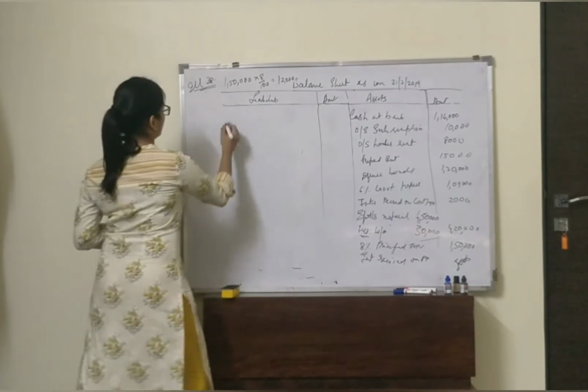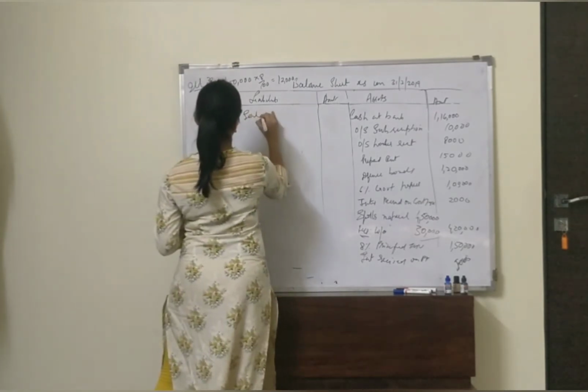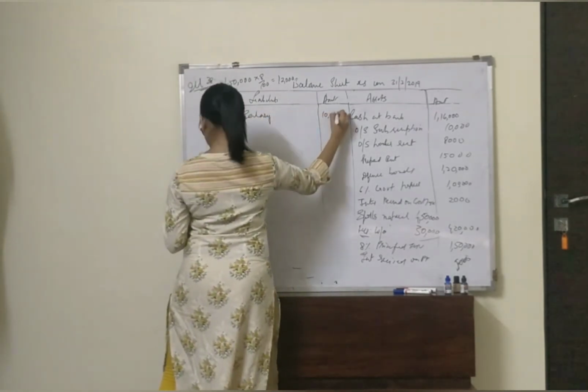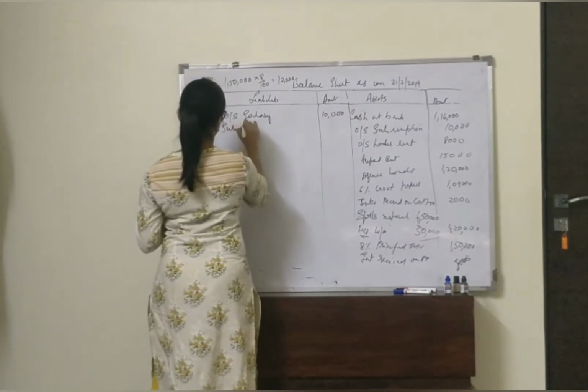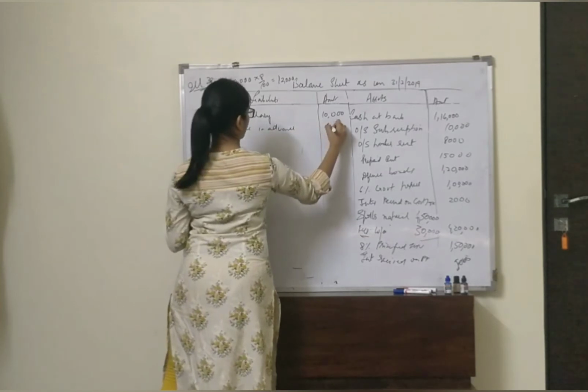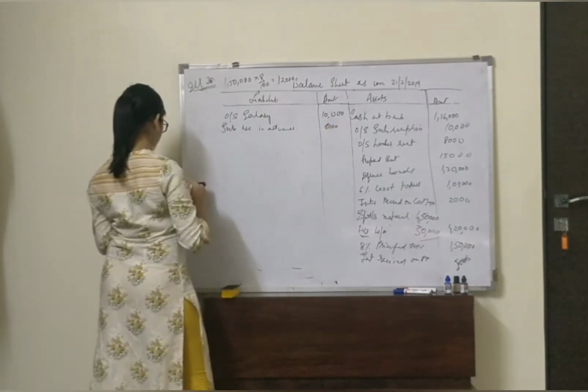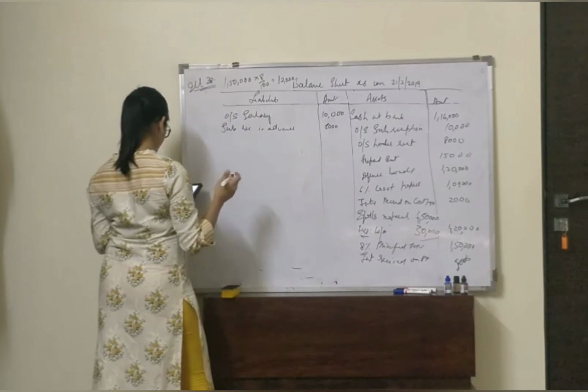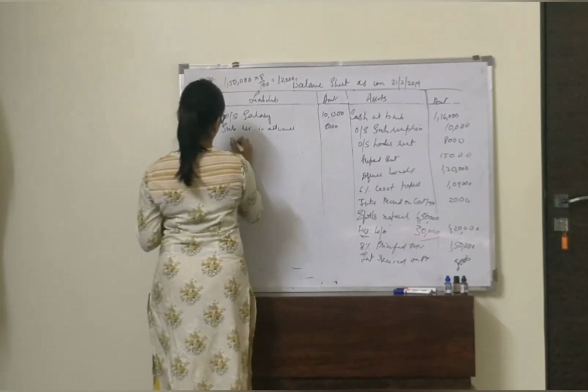Then what do we have on the liability side? Outstanding salary 10,000. Subscription received in advance 8,000, under our receipt side of subscription 1920. Then we have prize fund.